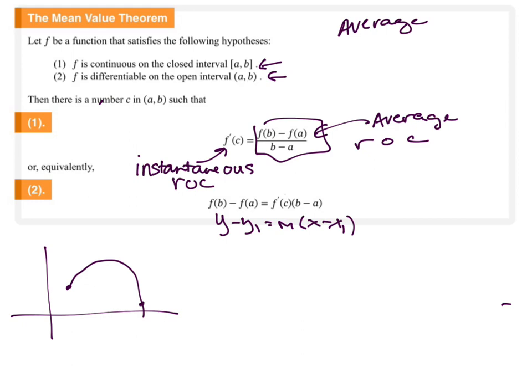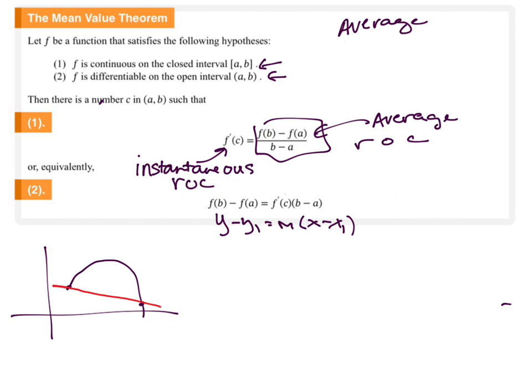The average rate of change between these 2 points is the secant line that connects them. And we would do, in this case, f of b minus f of a over b minus a. Everybody, yeah? Okay. All right.